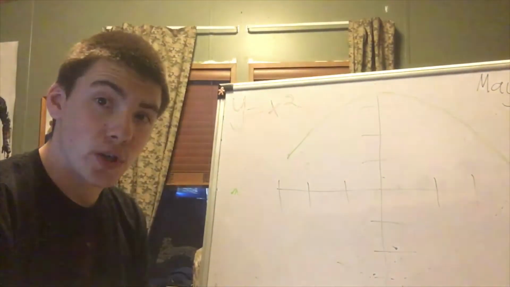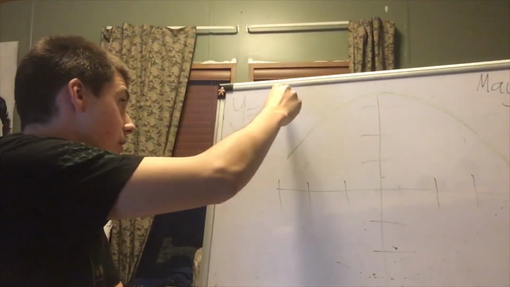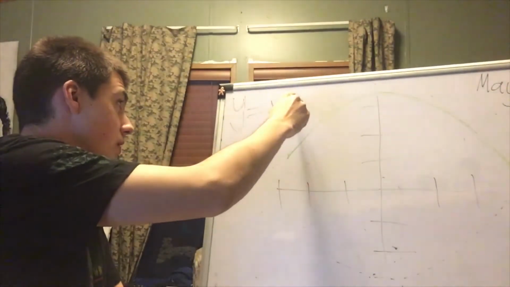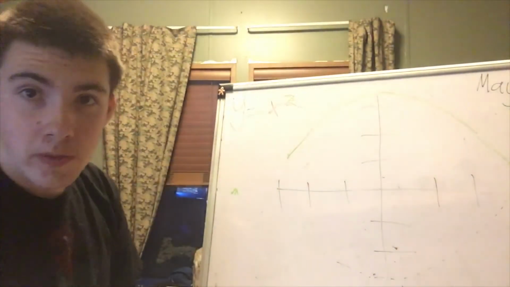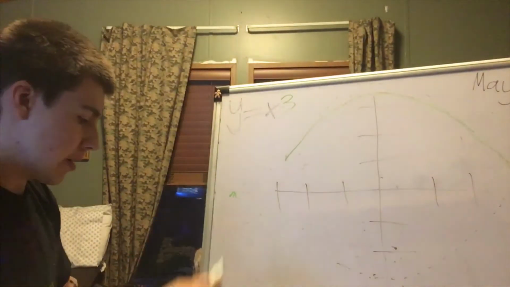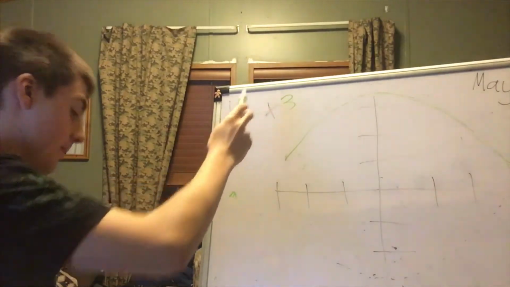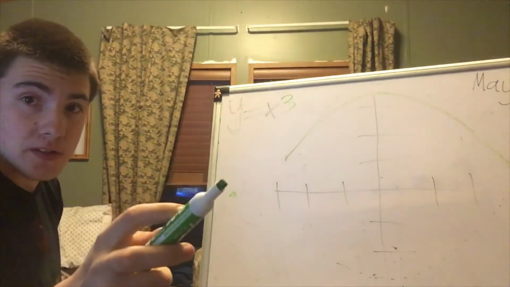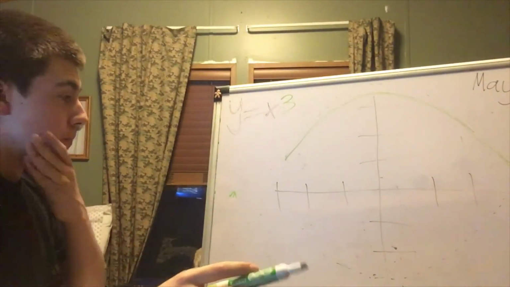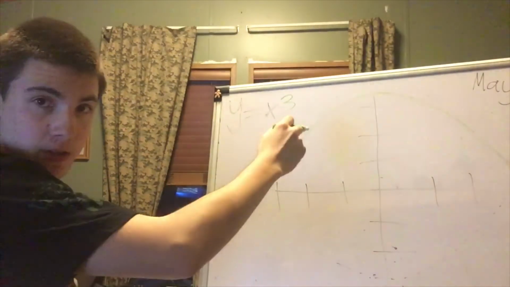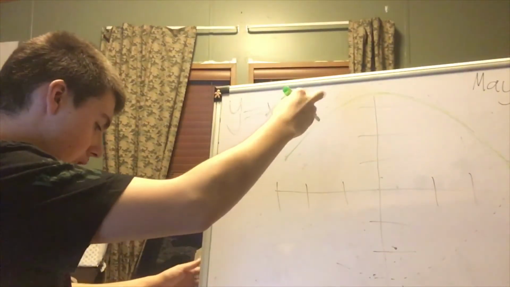If you were to make it cubed, so let's say we make it cubed right now, the options turn out to be weirder. Let's make the leading coefficient positive. If it was to start on the negative side, it would look like this.